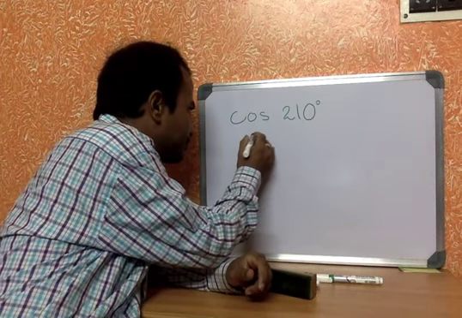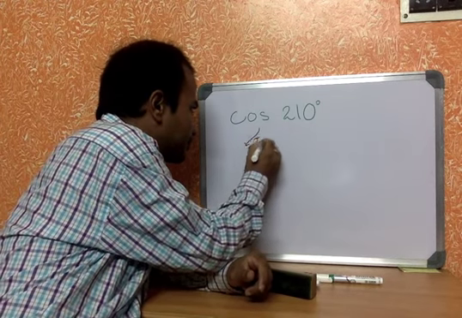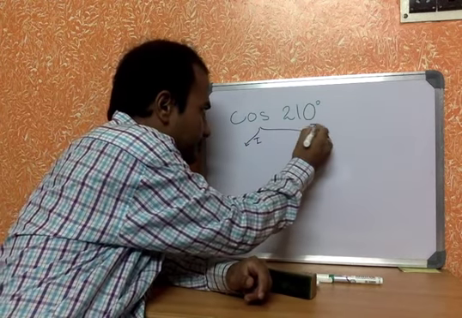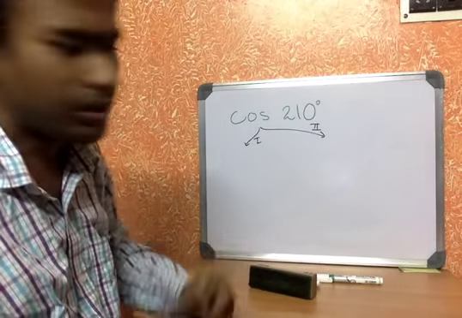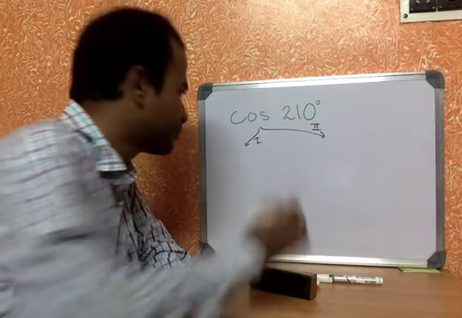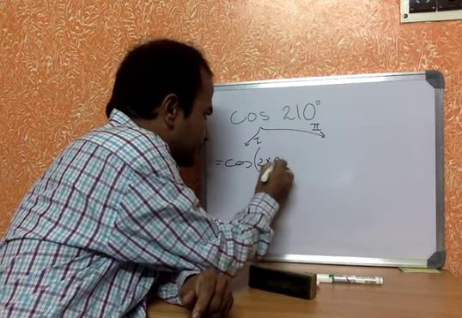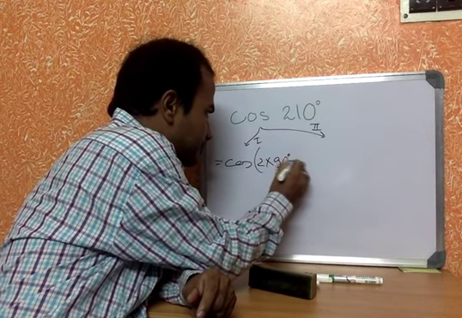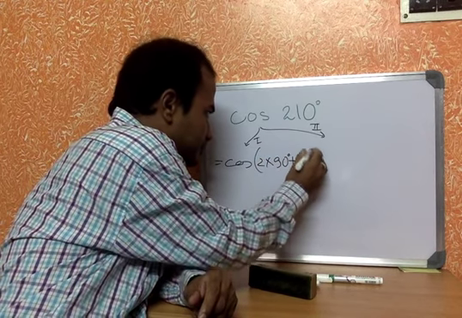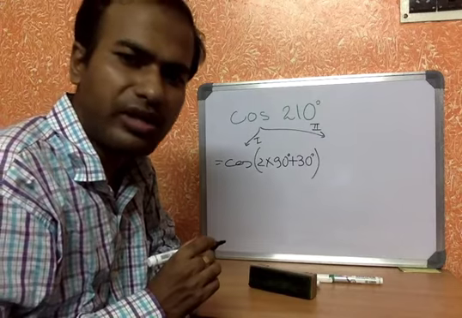So in the first method, we can write cos of 2 into 90 degree plus 30 degree.